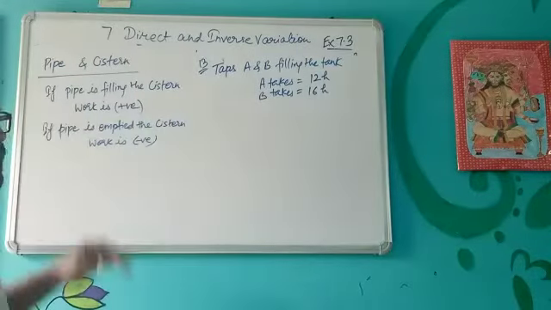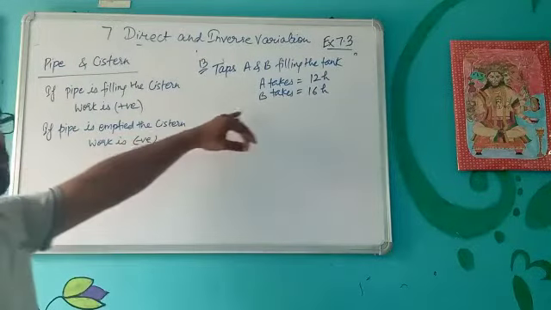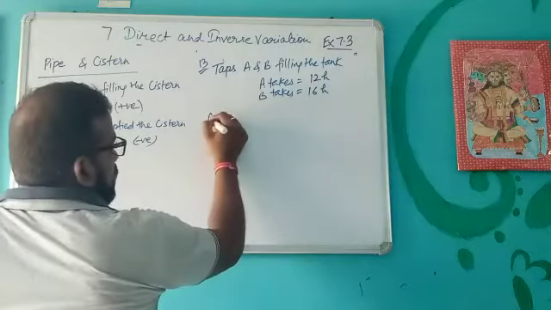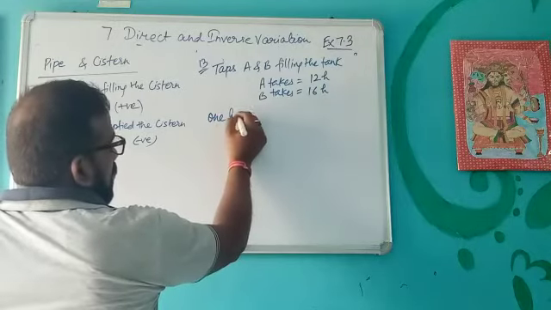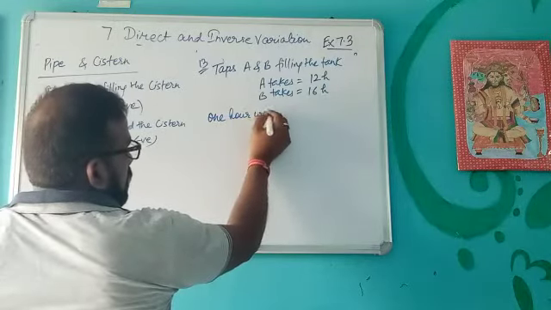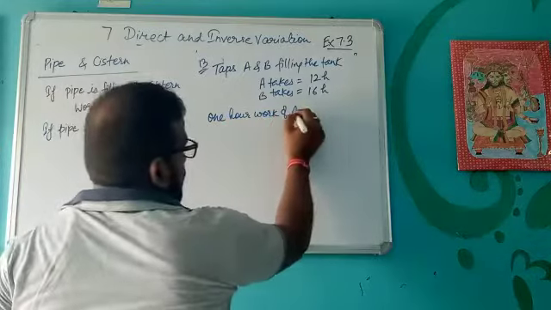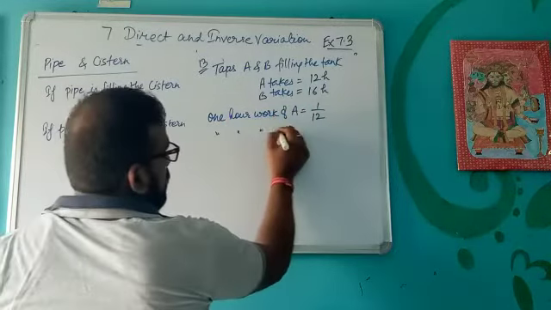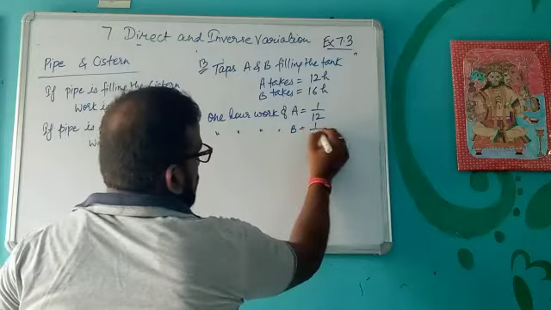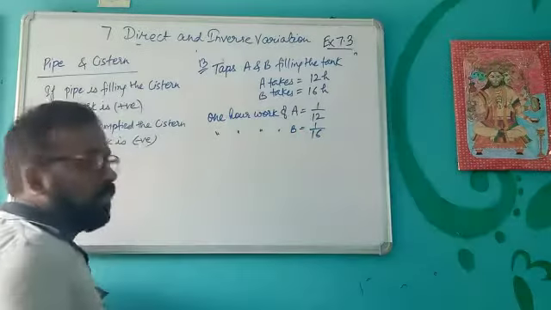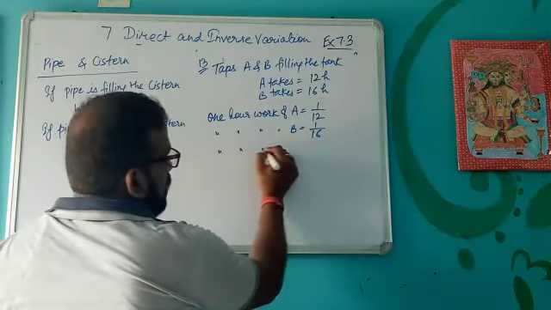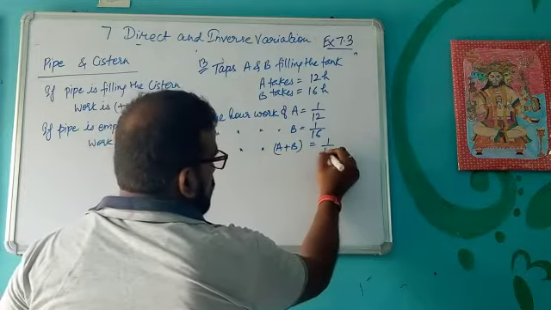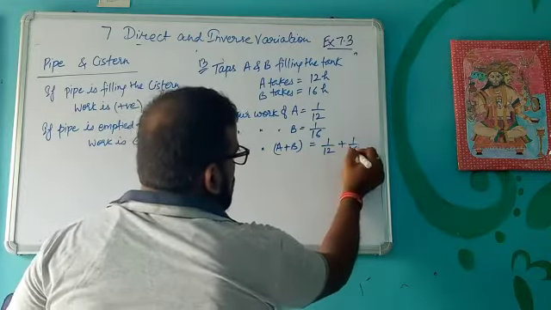Since these taps are filling the tank, their work will be counted as positive. So 1 hour work of A will be 1 upon 12 and 1 hour work of B will be 1 upon 16. And when they are working together, simultaneously open, it will be 1 upon 12 plus 1 upon 16.